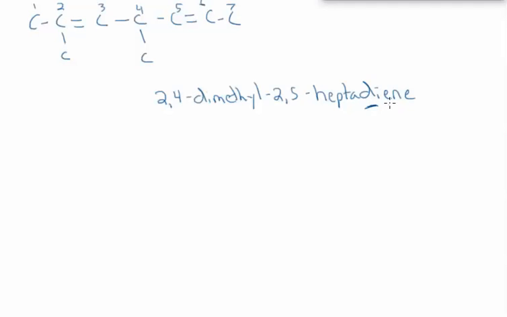Let's look at some alkynes. These have triple bonds but follow the exact same rules. For our first example, I'll show it in the condensed form first, so that you know how to tell the bonds are there.